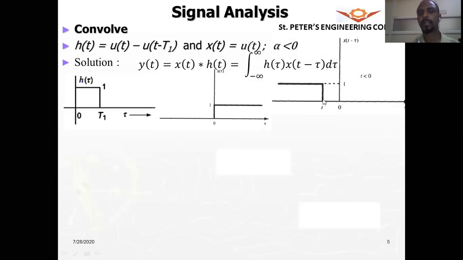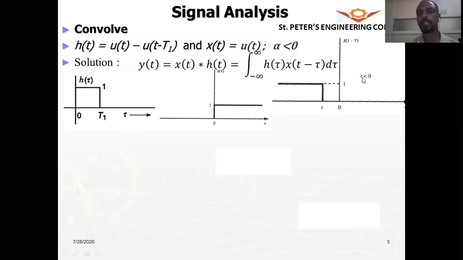So this end, which in x of tau was at 0, when we shift it goes to t, and we call this end the t end. From this point we are going to move it over and check where the overlap is.